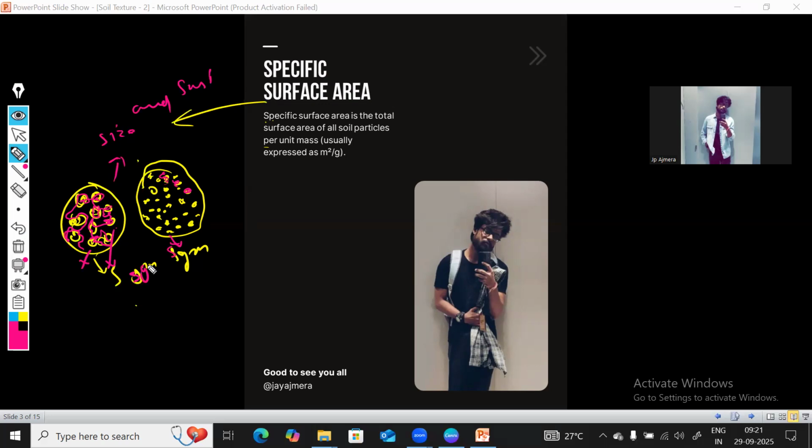If there is 5 gram of soil, the surface area is different. Like in coarse soil, you have the bigger particles, and in fine soil, the smaller particles. So if that is the area, we can cover 4 to 5 particles in the same area of silt or sand. There are 5 particles in the same area, and there is 1 particle in the same area.